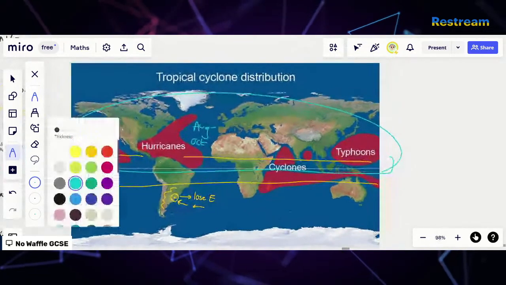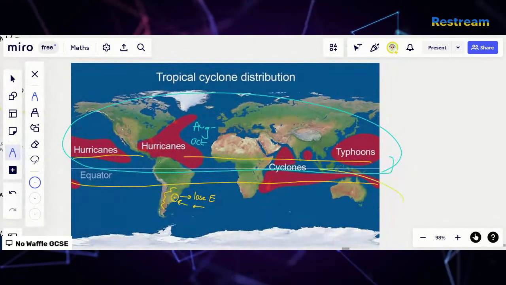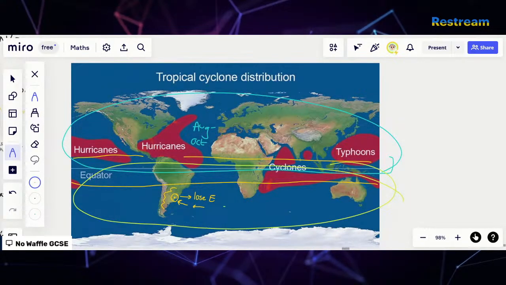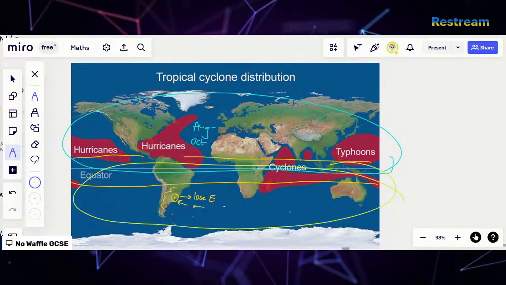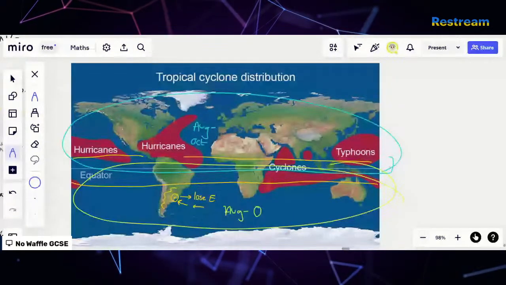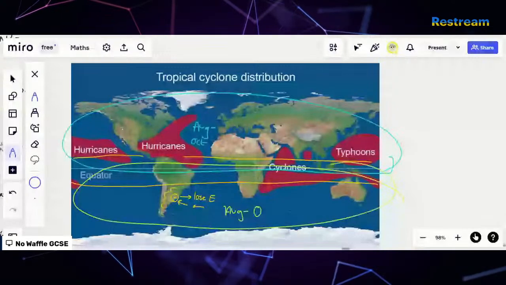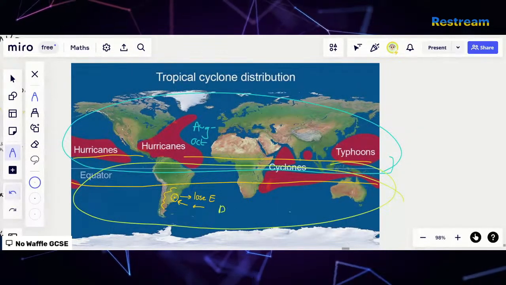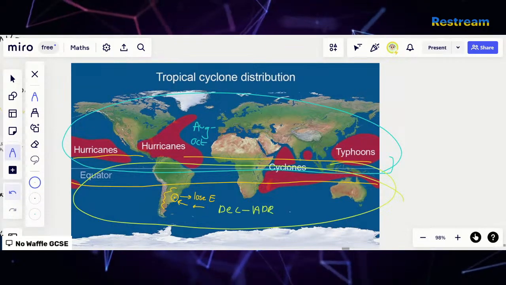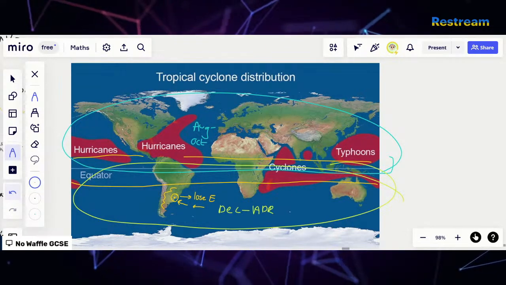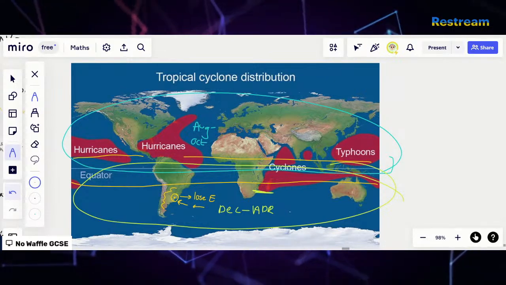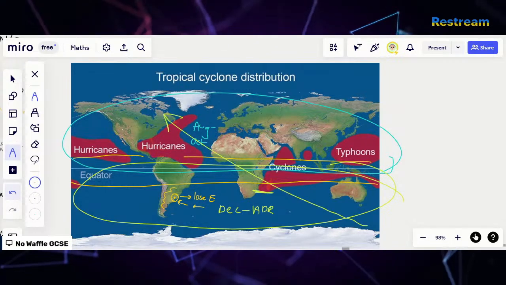And the majority that occur in the southern hemisphere occur from, not August to October, December to April. So we can see, however, that most do not actually occur in the southern hemisphere because we know that the Coriolis effect tends to move them in this direction.